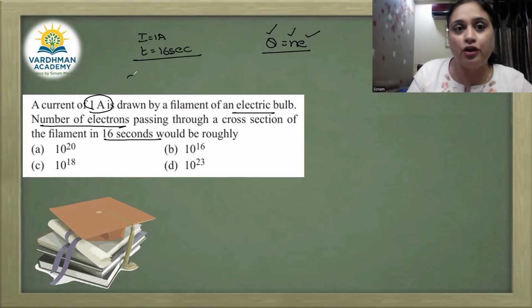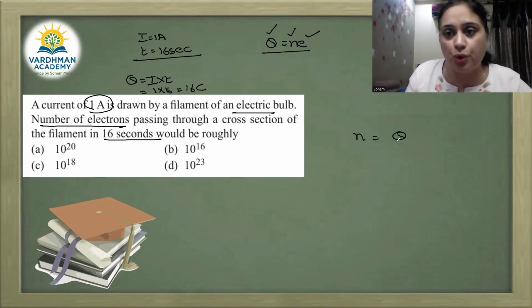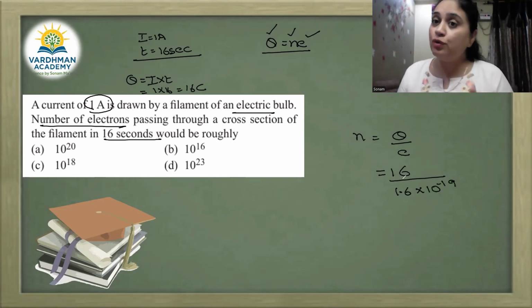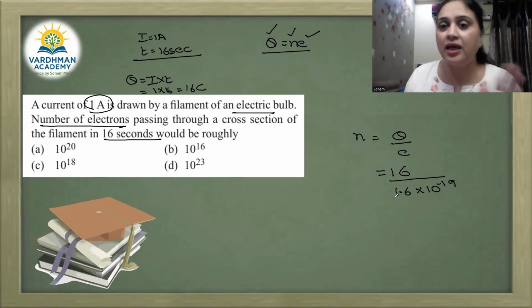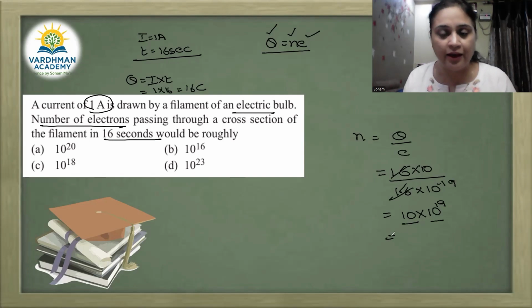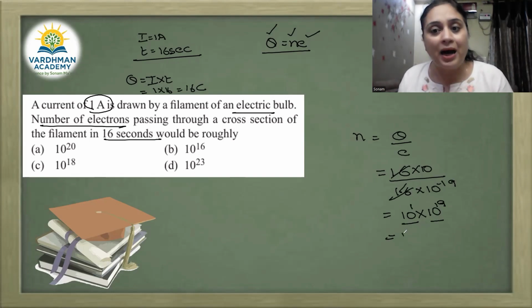तो आपको पता है कि Q क्या होता है, I इंटू टी. तो यहां से आप Q निकाल लेंगे विच इज 1 टाइम्स 16 विच विल गिव यू 16 कूलम्स. अब हम क्या करेंगे, N इज इक्वल टू Q अपॉन E हो जाएगा. सो Q क्या है आपका 16, E क्या है आपका 1.6 इंटू 10 रेज टू द पावर माइनस 19 कूलम. तो ये वैल्यू आपको हमेशा याद रखनी होती है, ऐसा जरूरी नहीं है कि आपको आ जाए, राइट. सो आप इसका डेसिमल हटा के ऊपर 10 कर देंगे, 16 विल कैंसिल 16, राइट. और जब 19 ऊपर जाएगा तो वो पावर जो होगी वो पॉजिटिव हो जाएगी. सो 10 रेज टू द पावर 19, लॉ ऑफ एक्सपोनेंट वी विल अप्लाई हियर. व्हेन bases are same, they are in multiplication, powers get added.